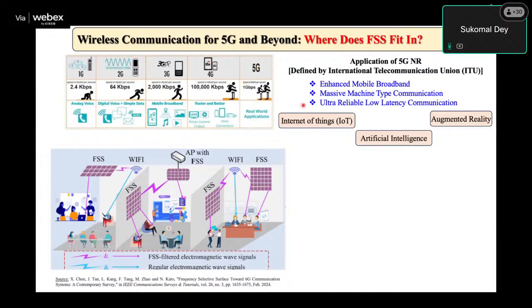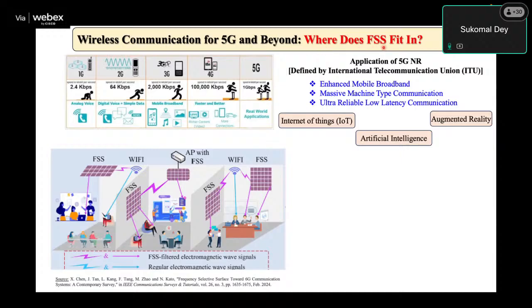Now, one question that let us ask in the beginning: if you are trying to build wireless communications for 5G and beyond, where does FSS fit in? That is the question you are trying to answer throughout this webinar. So keep this question mark alive in your mind until you get a reply to it.